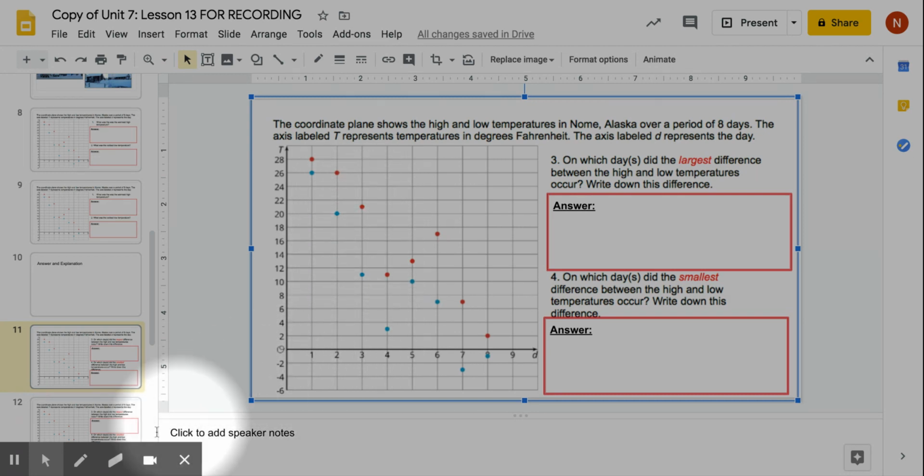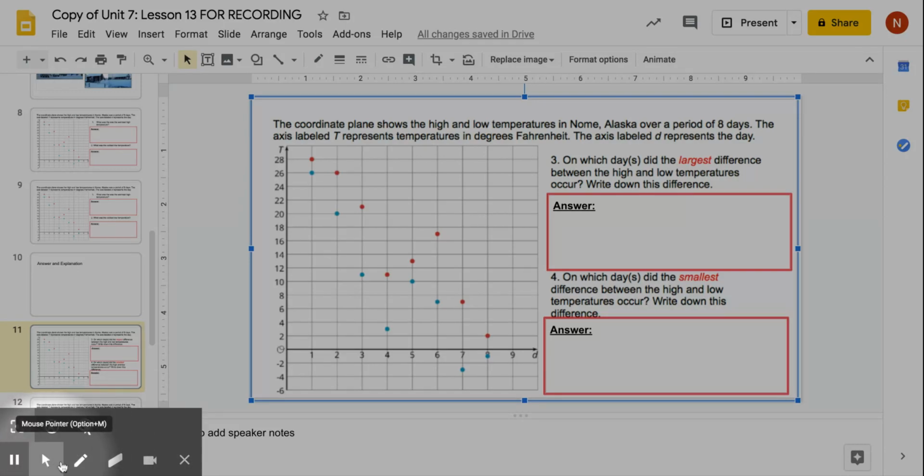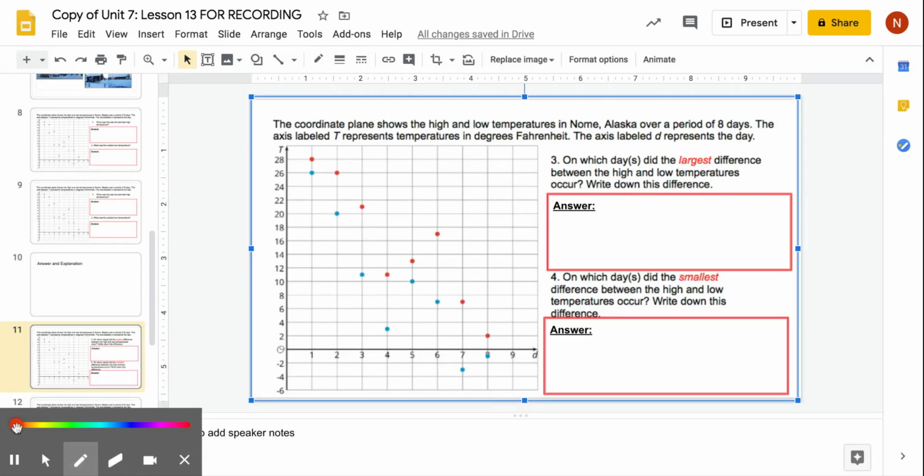I'm going to take my pen to help me determine what was the low temperature on day 3. And I'm over here, and that looks like it's in between 10 and 12, which is 11 degrees Fahrenheit.